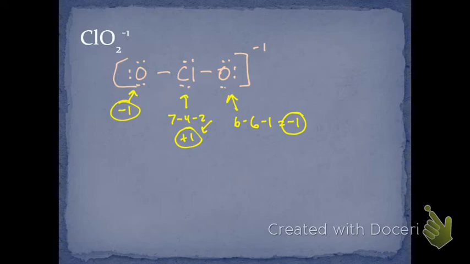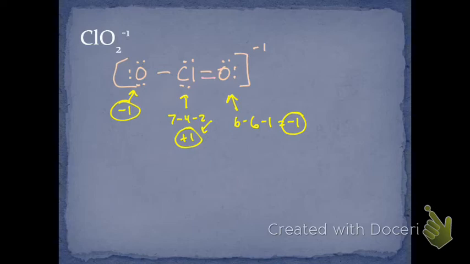Well, how can we get this closer to 0? What we could do is take one of these and put it here, like so. This would still work. Chlorine is a little strange now because it has 10 valence electrons.